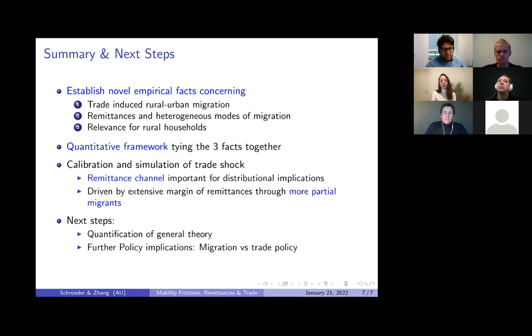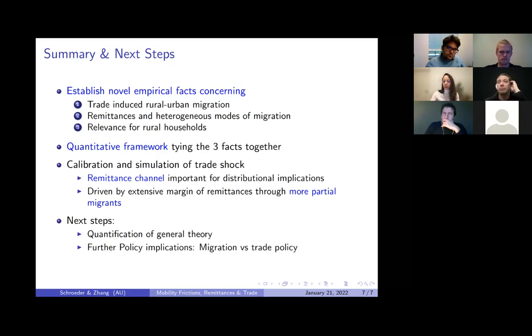So in the survey, they actually asked people, why do you send remittances back home? And the main reason is always to support family back home for education, for food, etc. So there are explicit questions that give us an idea that it is subsistence need.